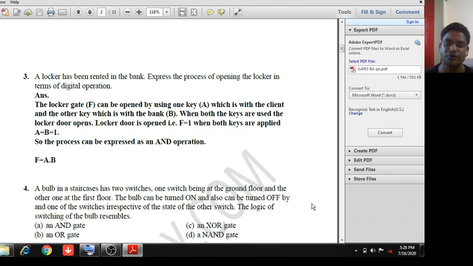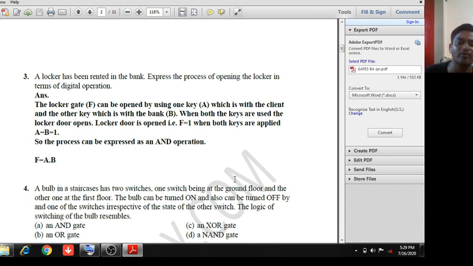Suppose the first person on the ground floor presses the switch, means input is 1, and the second person also presses the switch, 1 1. The first person is turning the bulb on, and the second person's switch is turning it off, means 1 1 equals 0.